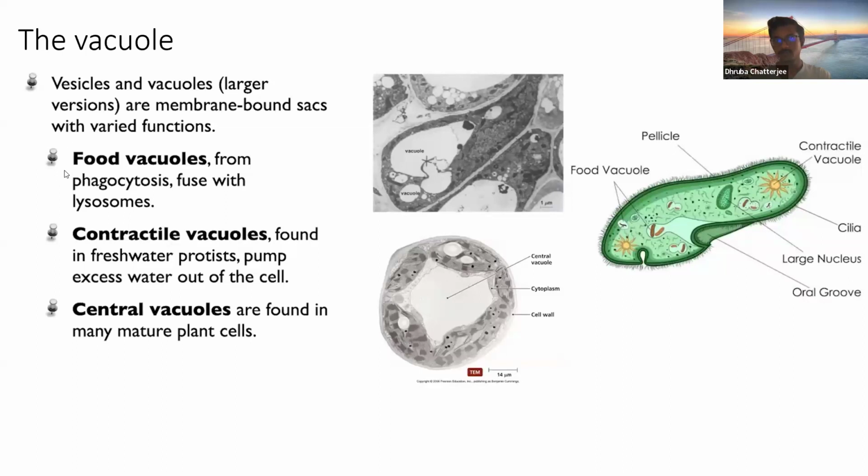Now, depending on the plant tissues, especially in case of the plant storage tissues, there can be contractile vacuoles in case of early protists, where they pump excess water out of the cell and help in maintaining the osmotic balance and also prevent cellular lysis in the face of osmotic stress.